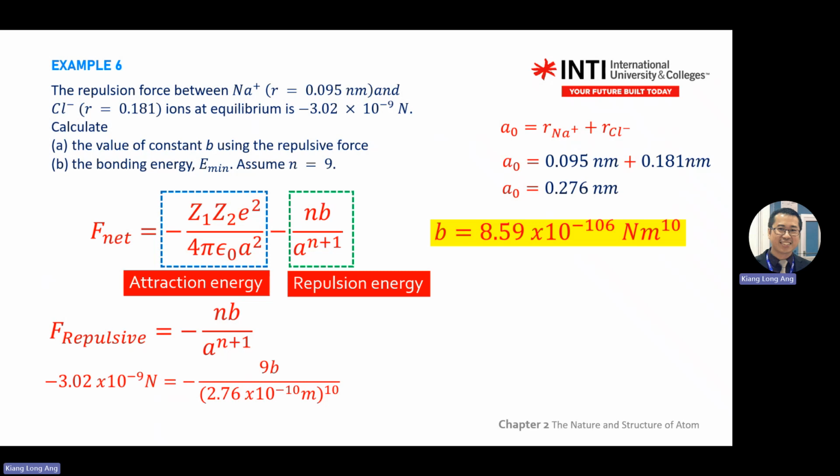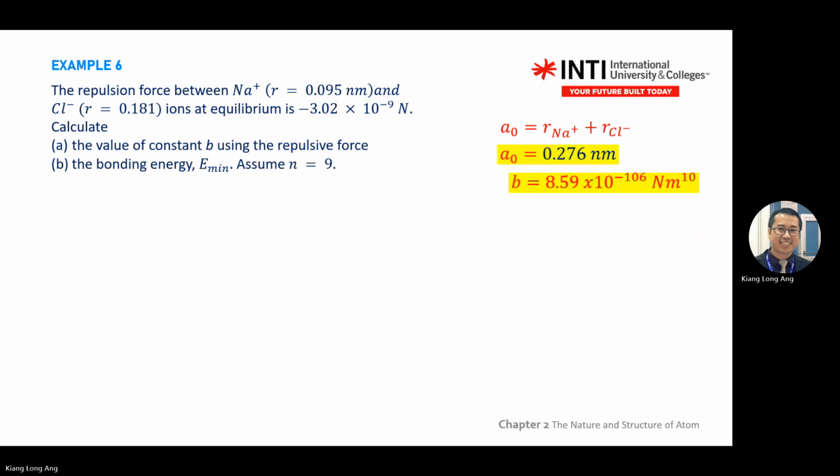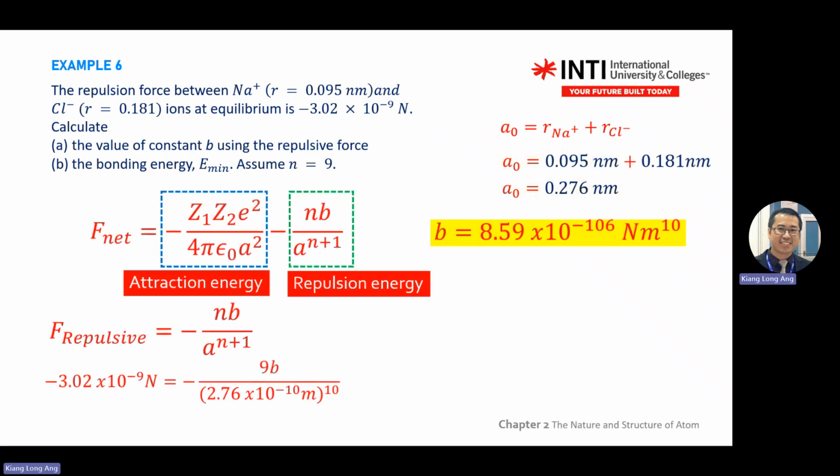Oh, wrong. I think something is wrong with my answer here. But the value is 8.59 × 10 power. You calculate. There's the number there. Right, there's a typo error in my answer. The value should not be something like that.